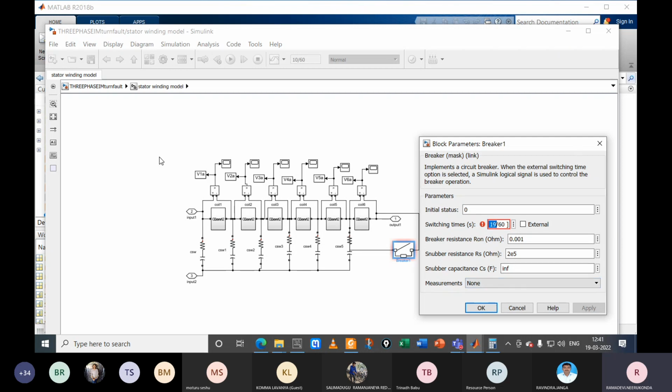We run this simulation with 10 by 60, with a time interval of 5 by 60. Okay, sorry, this is not that.